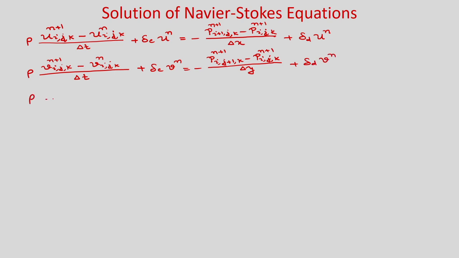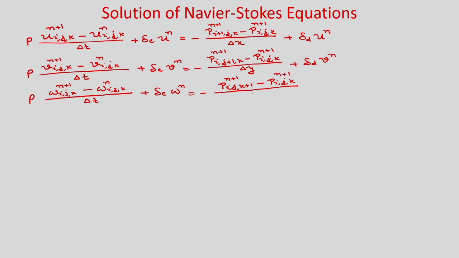And for the z component of the momentum equation you can write rho times w i j k n plus 1 minus w i j k n divided by delta t, plus delta c w n, is equal to minus p i j k plus 1 minus p i j k at n plus 1 level, divided by delta z, plus delta d w n.